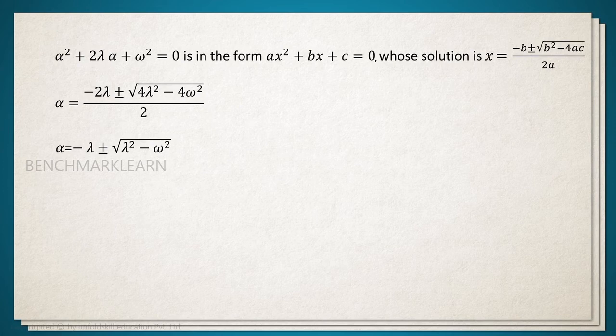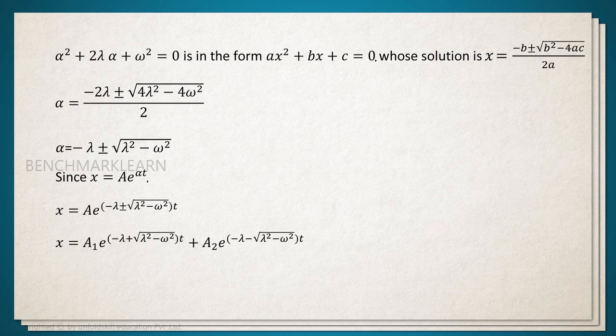So this is the value of alpha. The value of this alpha can be substituted in the equation x equal to a e raised to alpha t. Therefore, x equal to a e raised to within brackets, minus lambda plus or minus square root of lambda square minus omega square, into t. Since there is a plus or minus, we can split the right hand side into two.